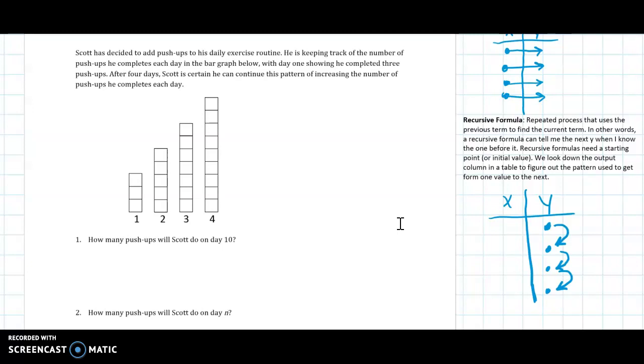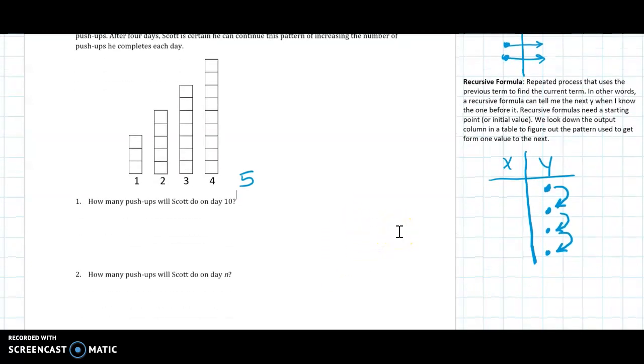Before we get started with question 1, think about how many push-ups Scott might do on day 5, and draw it in your workbook. Now, continue the pattern to determine how many push-ups Scott will do on day 10.